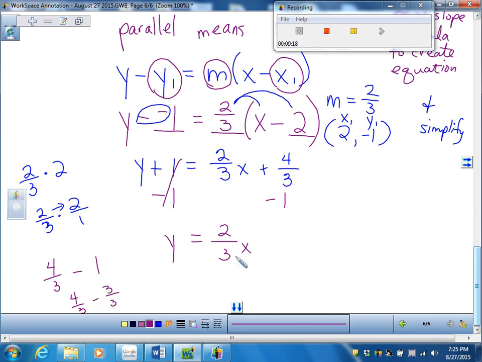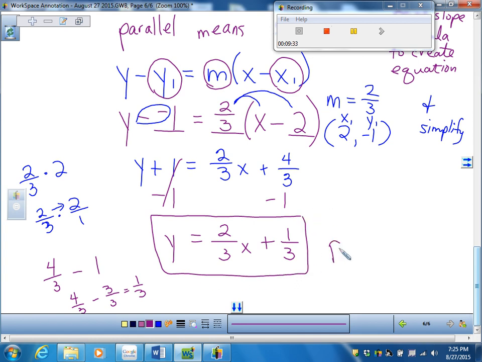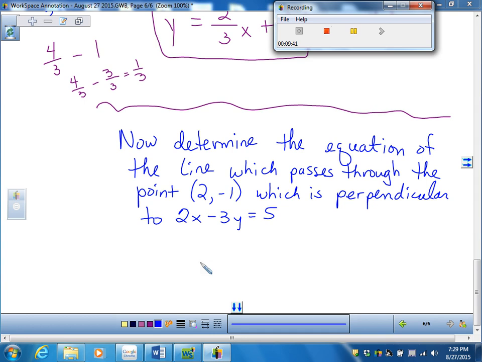So you get 4 take away 3 is 1 over 3. So plus 1/3, and this is my final answer. This is the line that is parallel. So pause and record in your note.